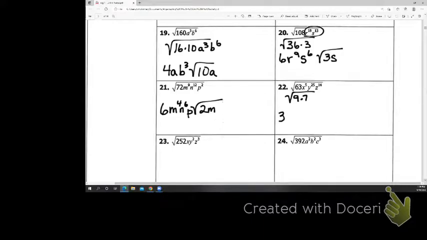So 3, 7 under. No z's underneath since z was an even power.